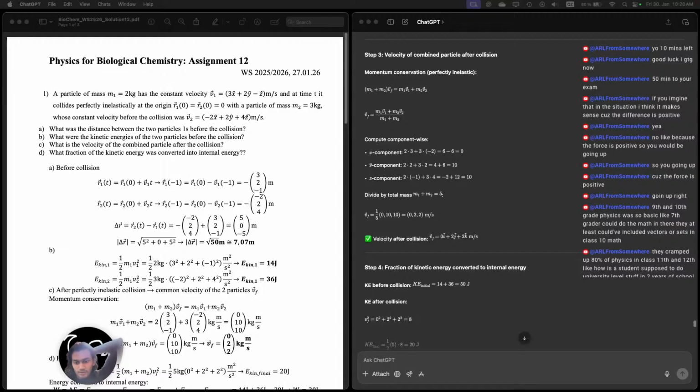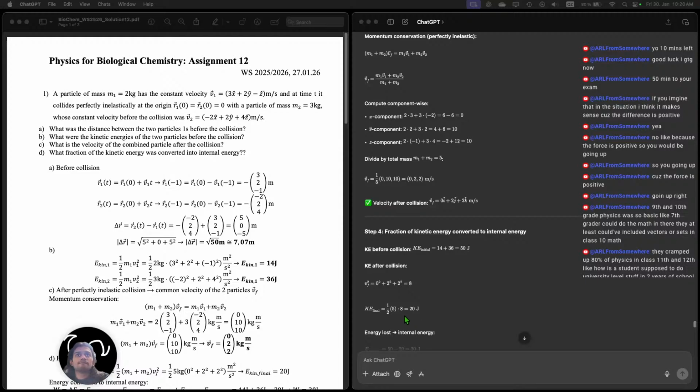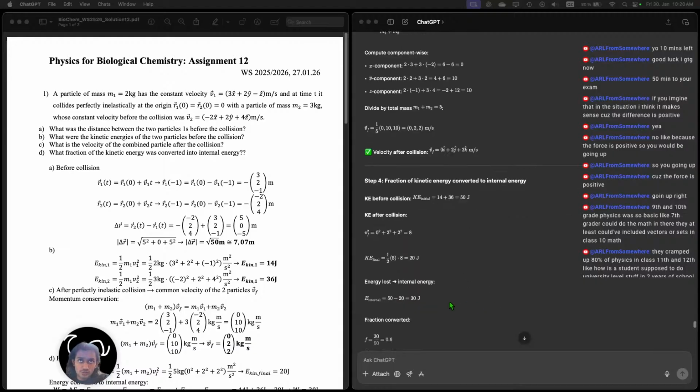Half m1 m2 vf. So you take the sum of the initial kinetic energies, and just like that you also take the final kinetic energy. You take the difference.